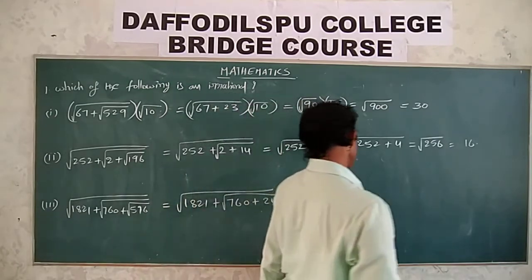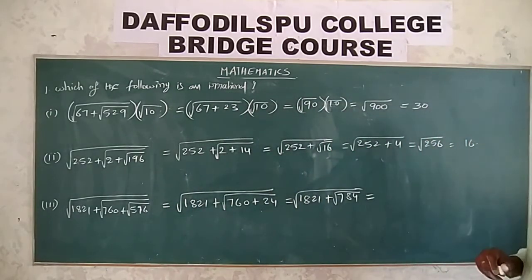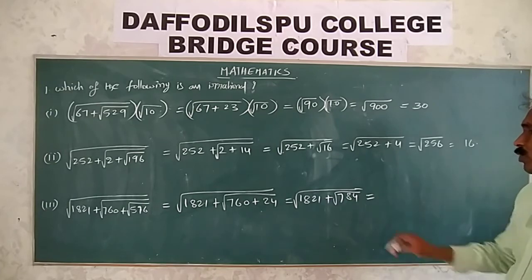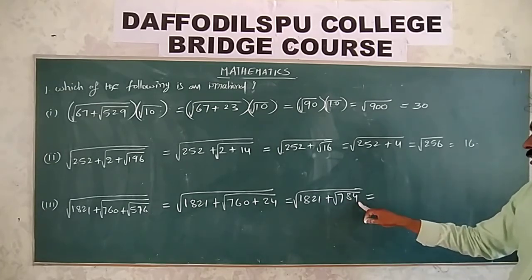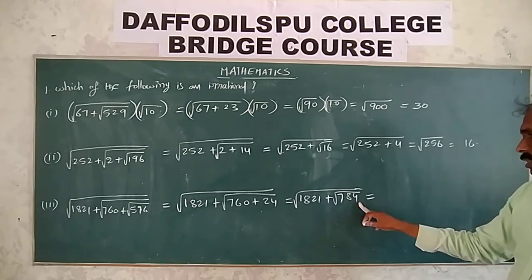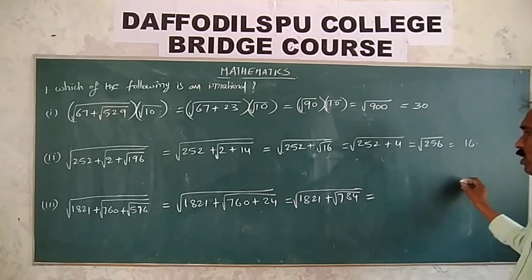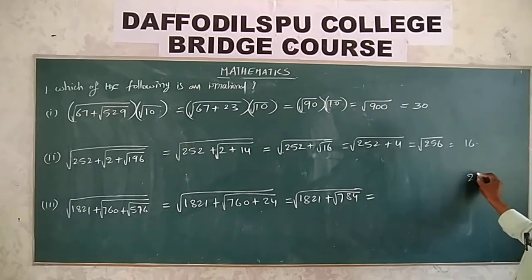What is the square root of 784? Nearest value 28.